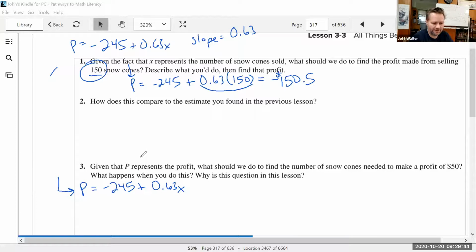What are they? P and X. So in this problem, 150 snow cones, that related with X. That's why we put it where X was, because X is the number of snow cones I sell. In this case, where am I going to put 50? At P, because that's profit, not how many snow cones. So I'm going to put in place of P, I'm going to put 50.